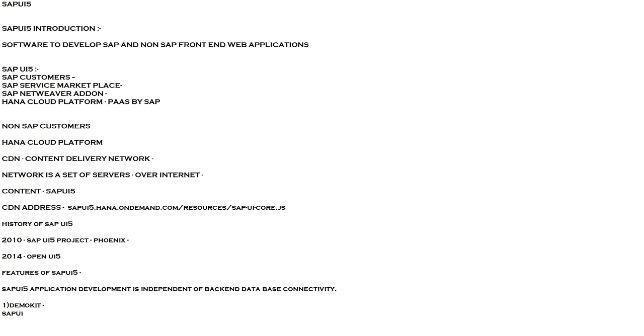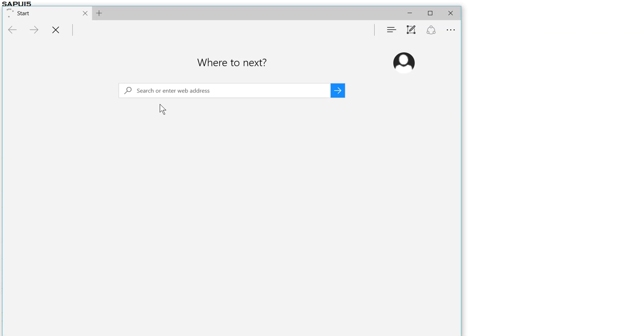The first one is sapui5.hana.ondemand.com, and the second one is sapui5.netweaver.ondemand.com. These are the two demo kits available, and we will launch these two.